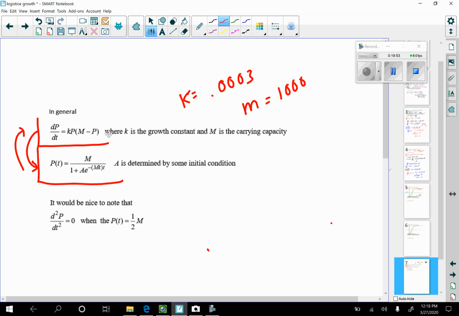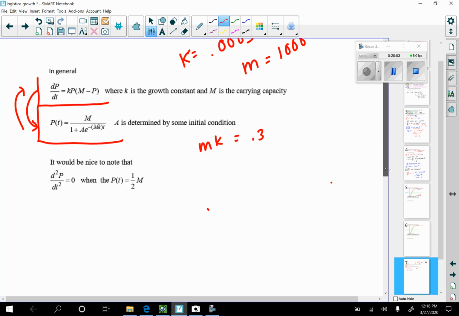A note here, in our example, m times k was equal to 0.3, and then the negative, it was negative 0.3. You can show that the second derivative of P of t is 0 when P of t is 1/2 m. So if I find the second derivative, here's the first derivative.